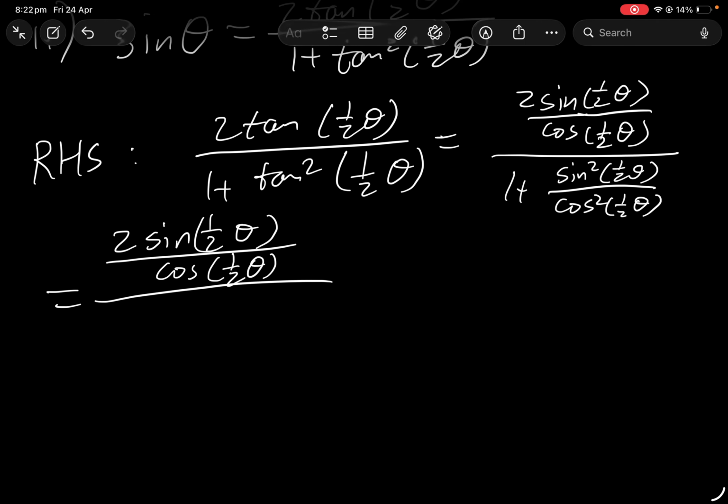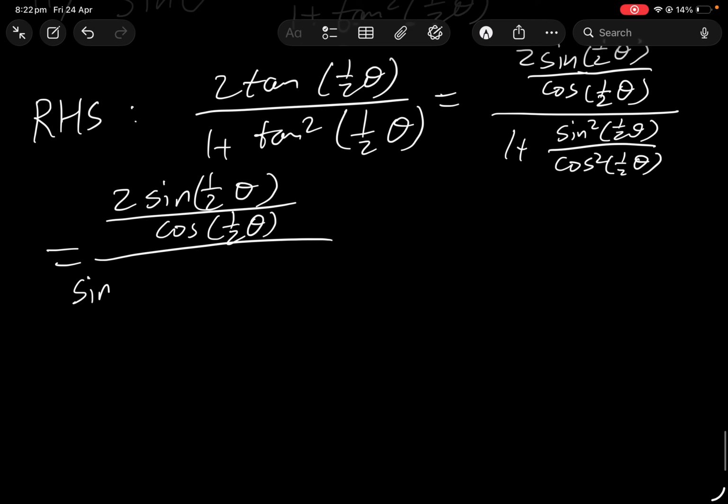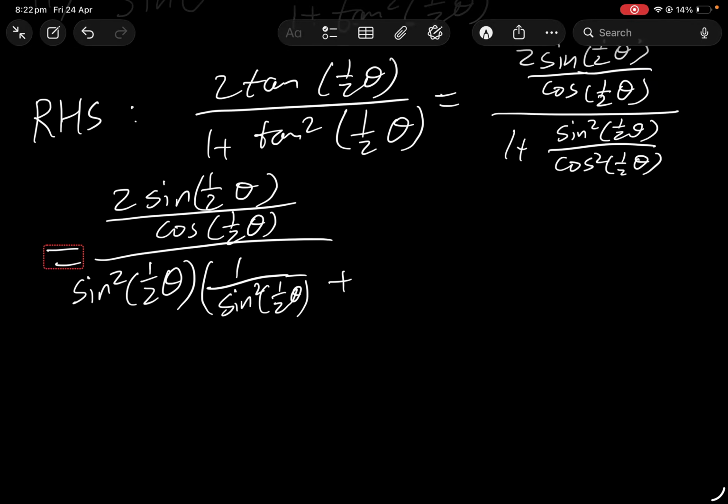That will take out the whole top part. This just becomes 1 over sine squared, plus 1 over cos squared.